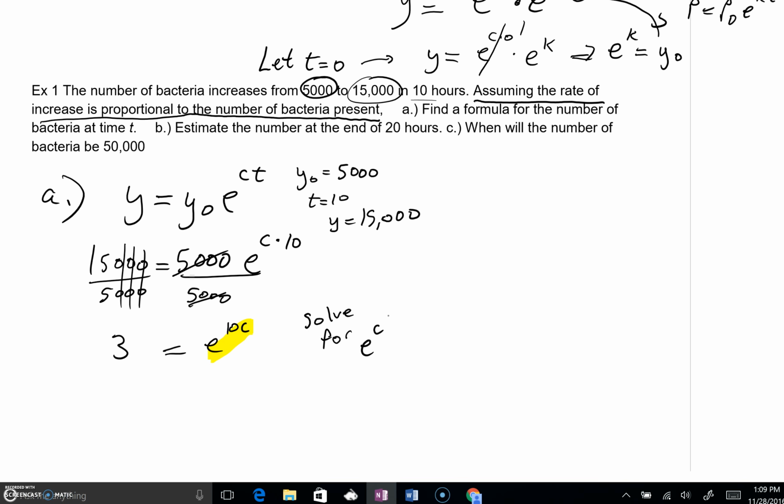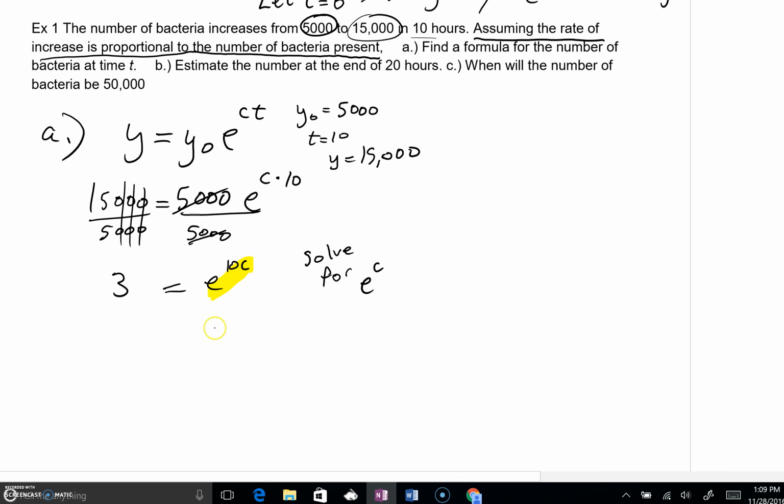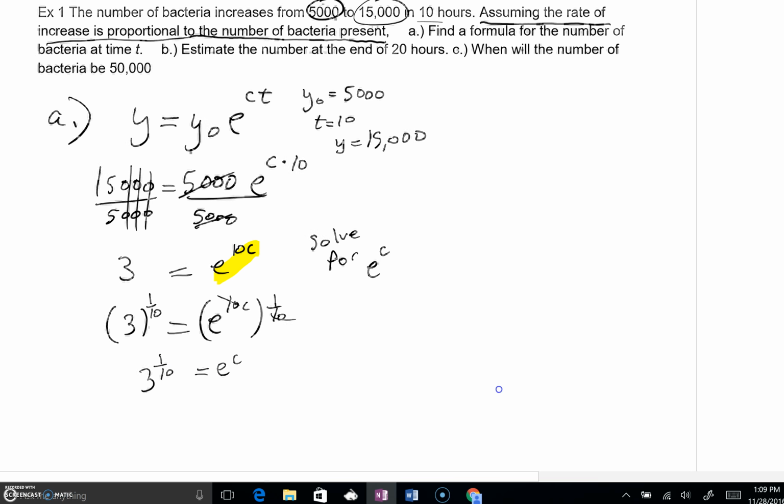On this right-hand side, I just want to have e to the c. How do I get it? What should we do to both sides? Raise both sides to the 1/10, because powers to powers are more powerful. You'd get e to the c is equal to 3 to the 1/10.